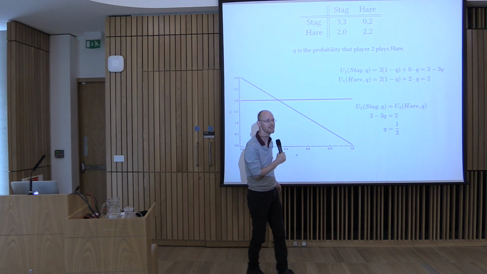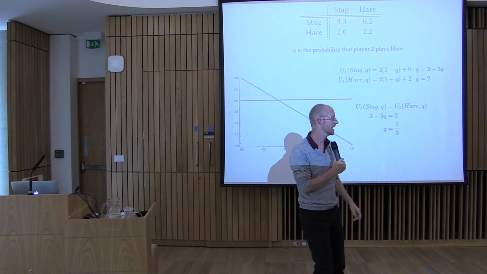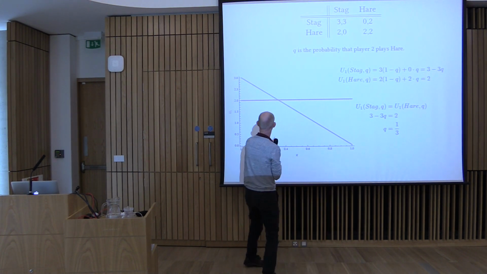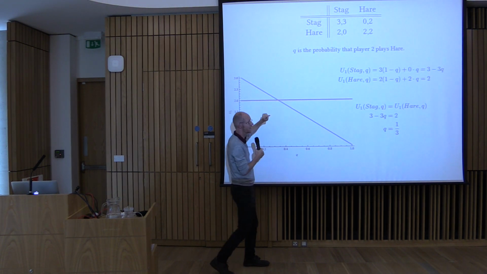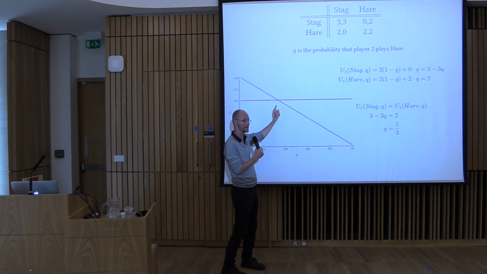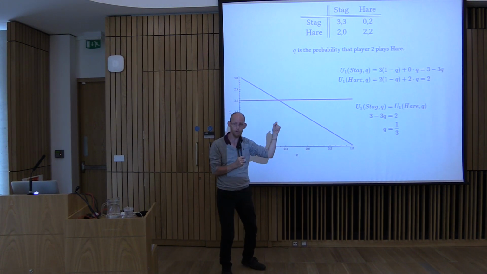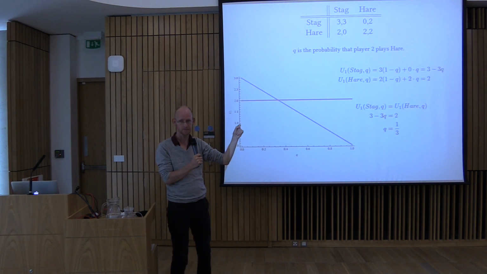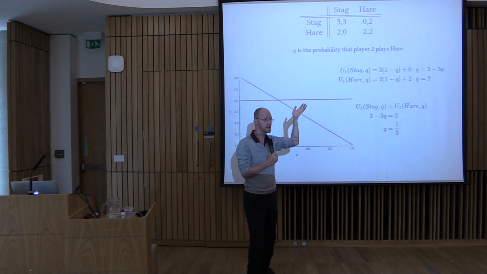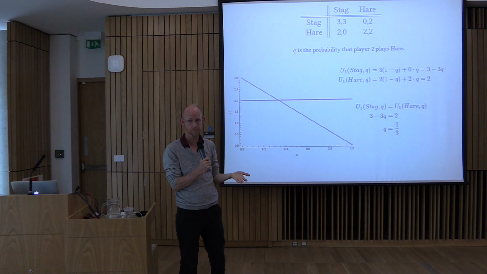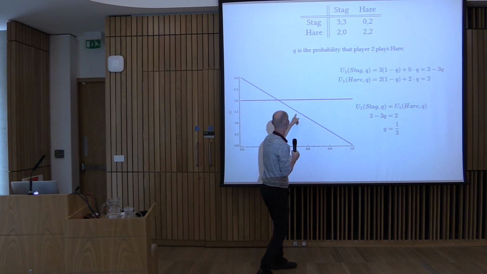Until Q is 1/3, it's always better to play stag. That means that until you know that he plays stag with at least probability 2/3, it's better for you to play stag. If you think, for instance, that he plays half stag, half hare, it's actually better for you to play hare, right? So at this point, it's better to play hare.